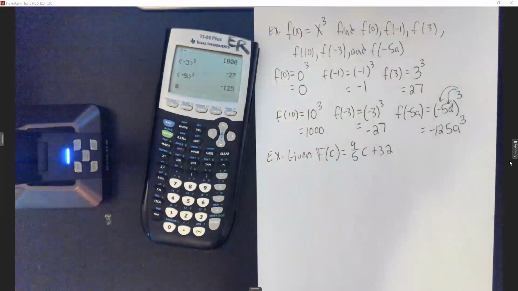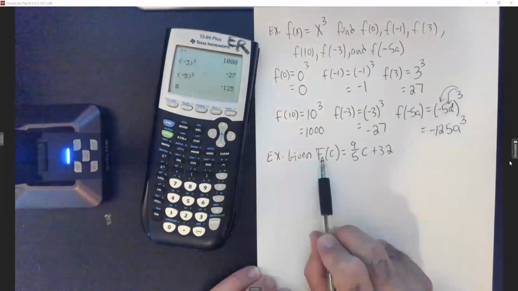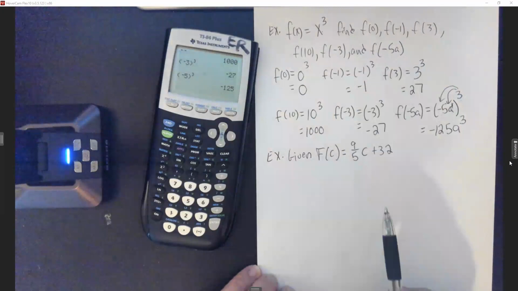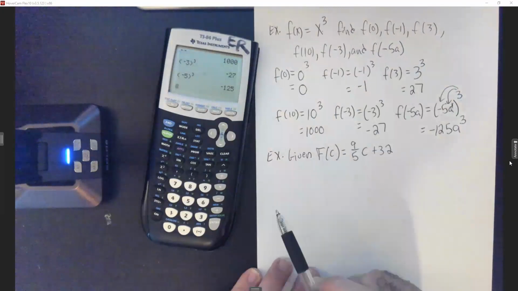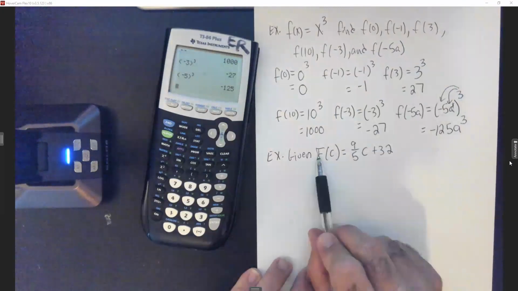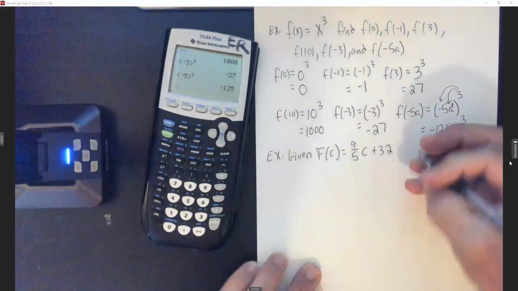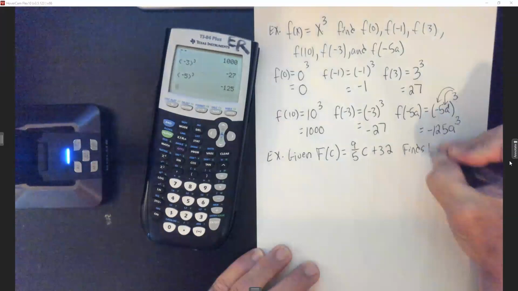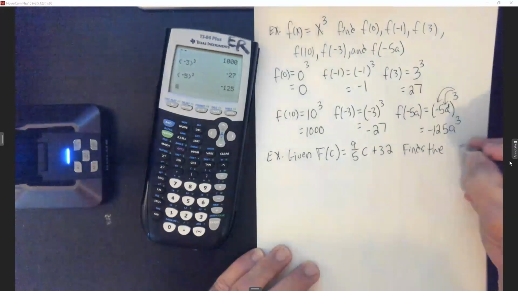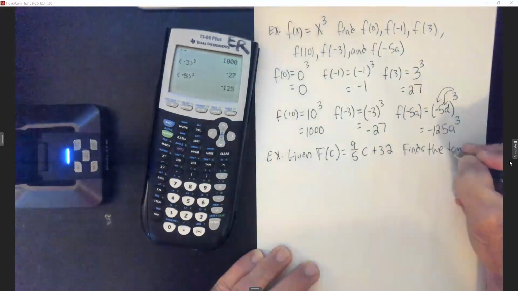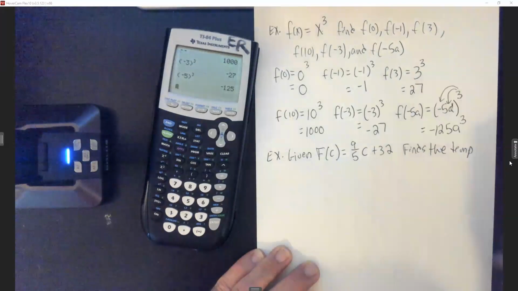Y'all, that F is the Fahrenheit temperature. This formula will find you the Fahrenheit temperature given the Celsius temperature. So this finds the temperature in Fahrenheit. Oh, I don't know how to spell that.